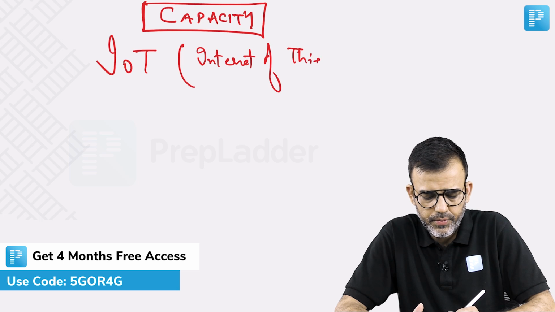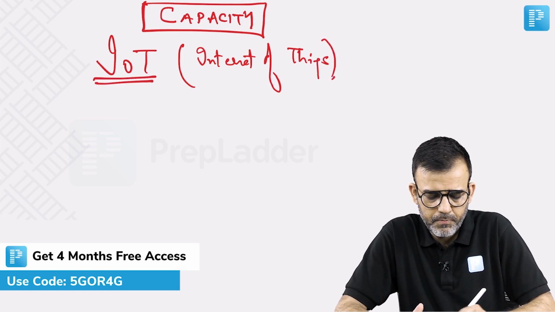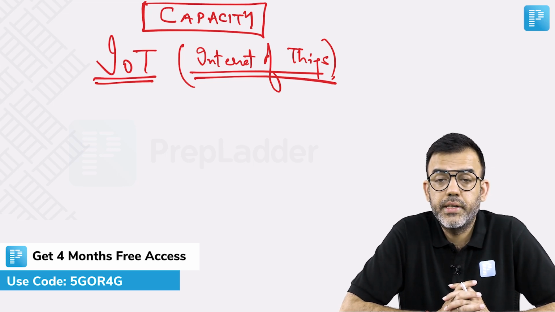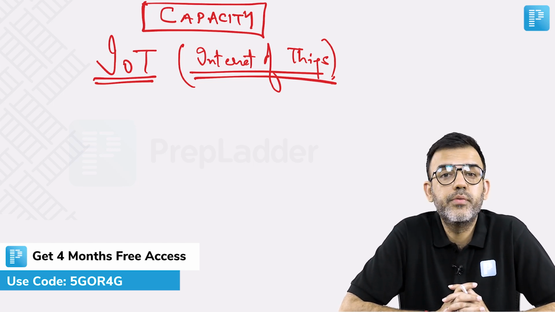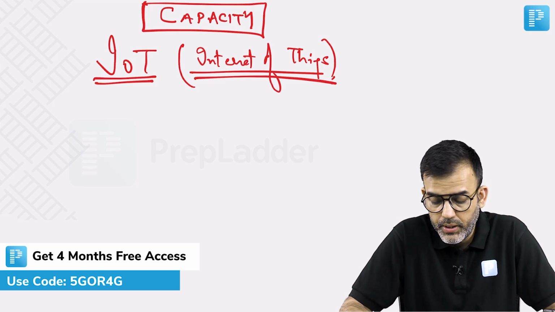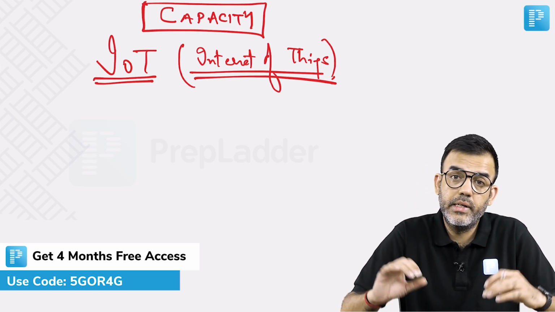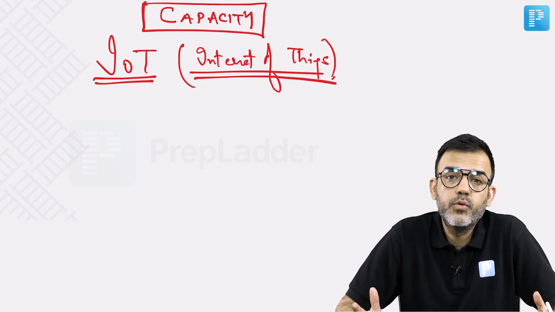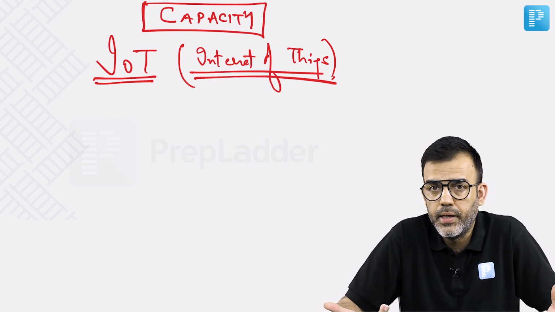Internet of Things. This is the next generation of Internet. Earlier, the Internet used to be a network of networks, and it was there to fulfill human needs.